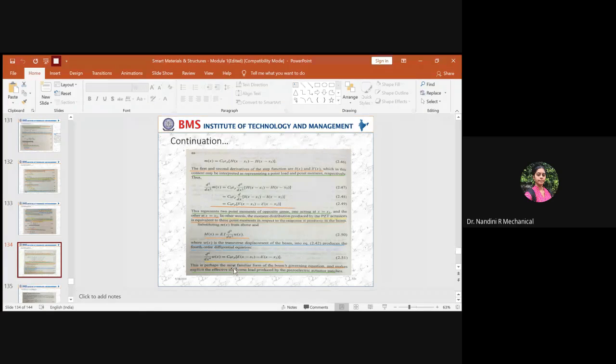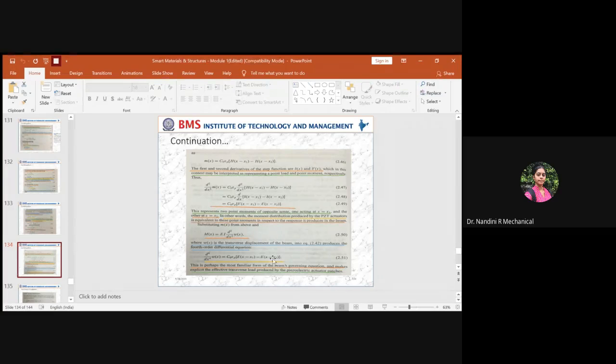This equation is the most familiarly and commonly used equation. So whenever they ask you to derive a governing equation using the Bernoulli-Euler concept for bending moment, both for internal and external loading, you have to show until here.